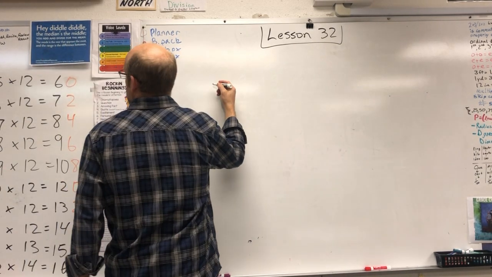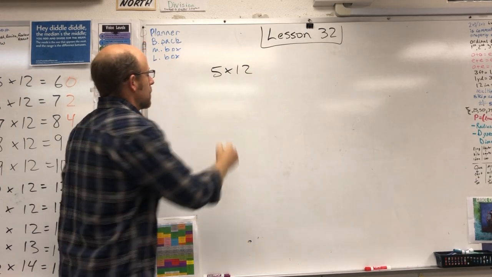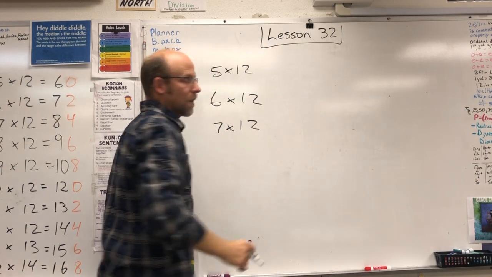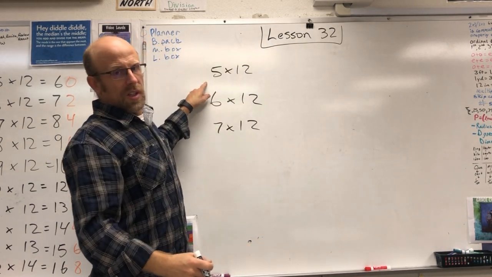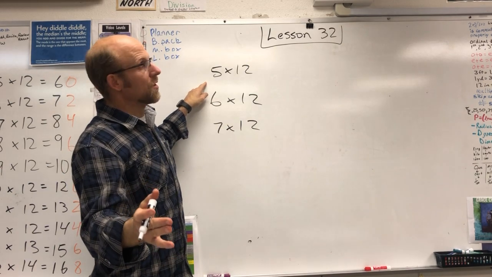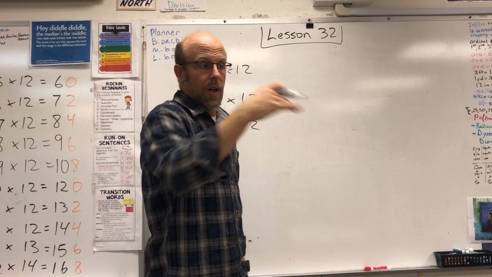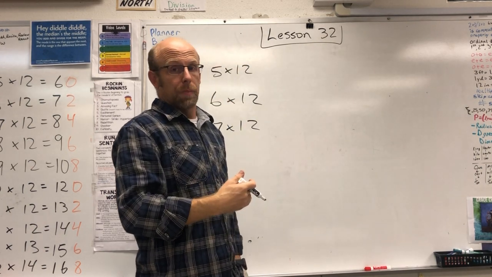Now let's go to 5 times 12, and 6 times 12, 7 times 12. I have another fun little thing I've shown kids over the years. So rather than doing it times 12, I'm going to teach you the 11s here. We'll use the 11s to help us. So we're going to do the 11s, then we're going to show you how the 11s can help you with the 12s.